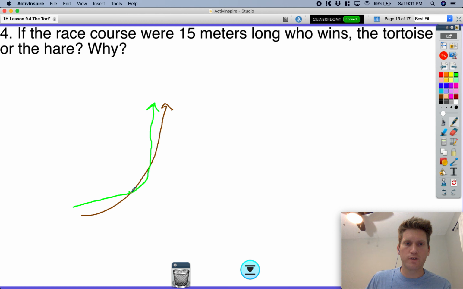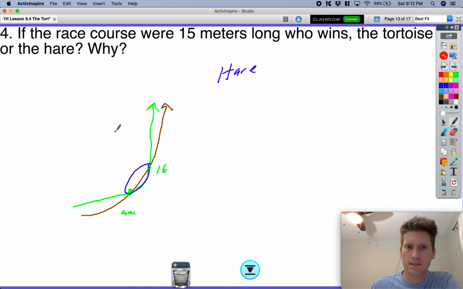Okay, and these 2 points represent 4 meters and 16 meters. So while the tortoise is going to go super duper fast after the 16 meters and always be ahead from that point, anything between 4 meters and 16 meters, the hare is actually winning. So right here, by looking at my graphs I put on Desmos, if the race were 15 meters long, who would win the race? That would be the hare.